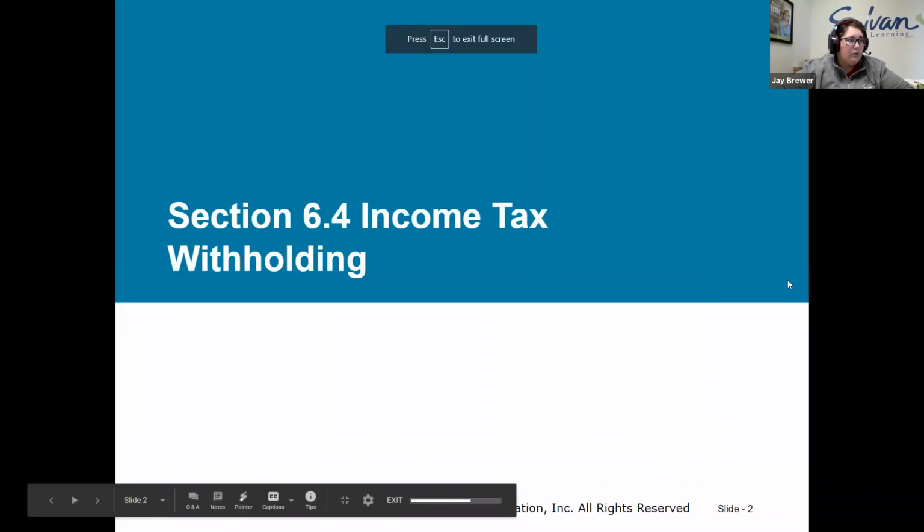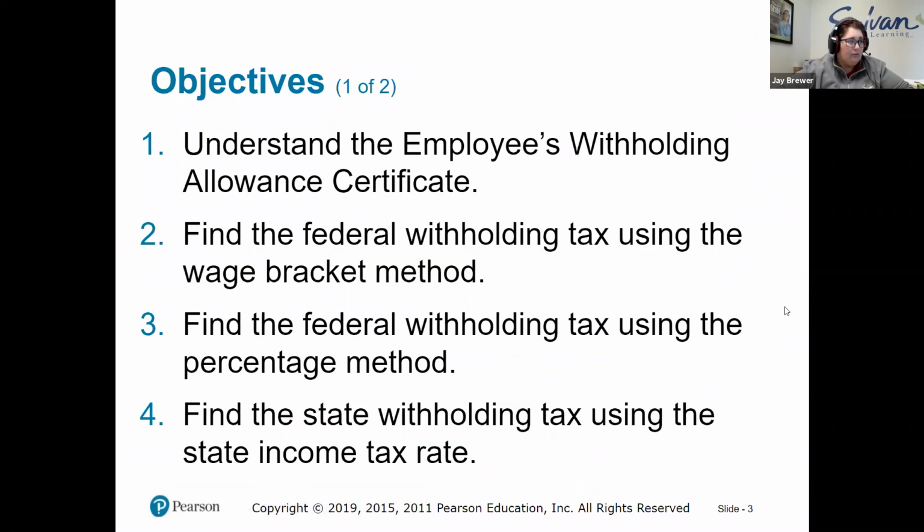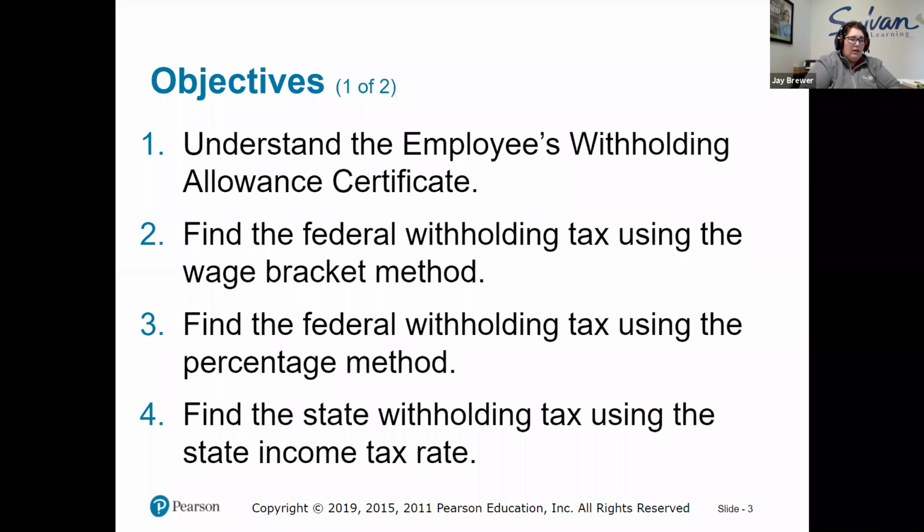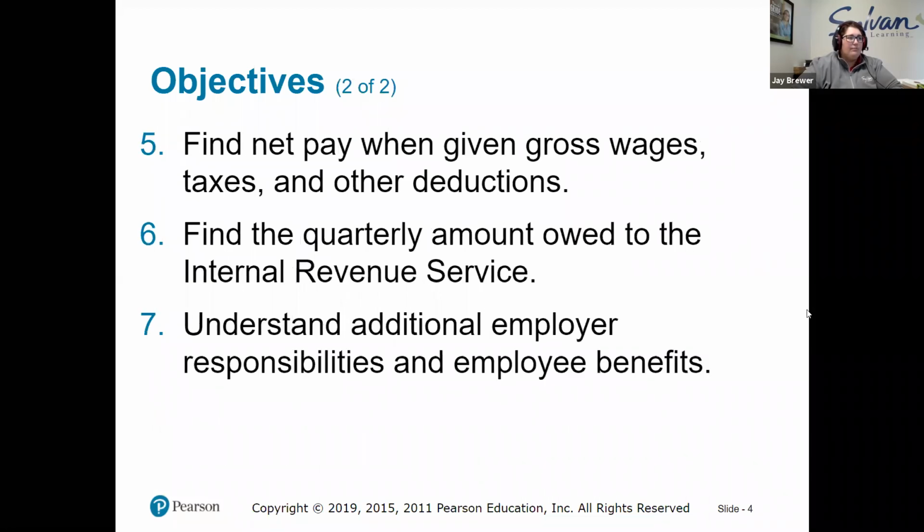Okay. 6.4, income tax withholding. You don't have to worry about writing this part down. We're going to understand the employee's withholding allowance certificate, find the federal withholding using the wage bracket method, find the federal withholding tax using the percentage method, and find the state withholding tax using the state income tax rate, find net pay when given gross wages, taxes, and other deductions, find the quarterly amount owed to the Internal Revenue Service, and understand additional employer responsibilities and employee benefits.